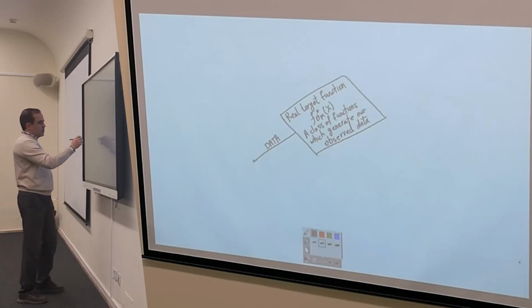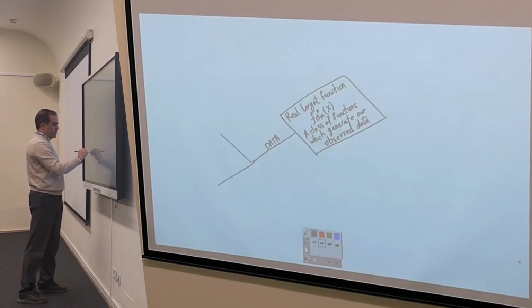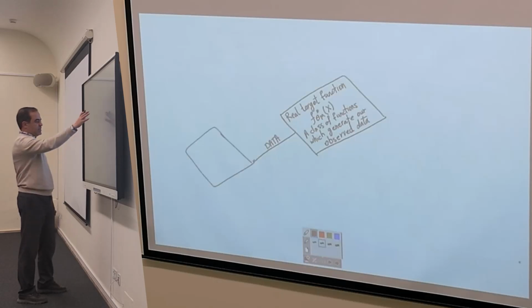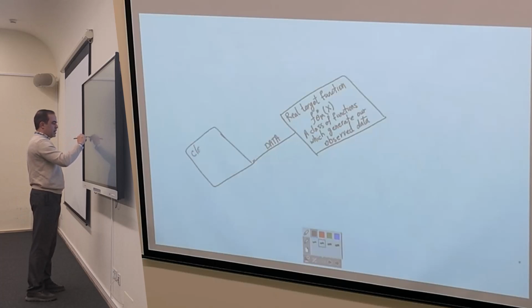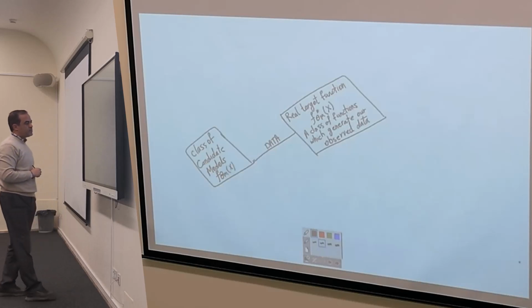So what I have is not this real function, but a toolbox from mathematics that will give me a class of candidate models that I can consider as the f, theta, and x.